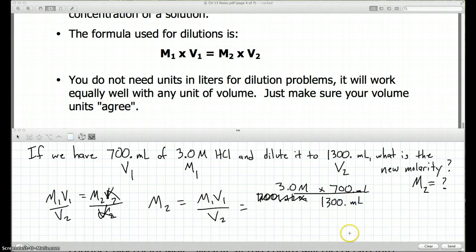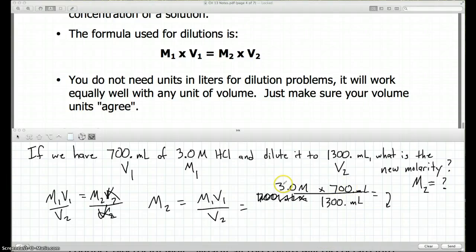I really wish this thing had an eraser. So I do that math: 3.0 times 700 and then divide by 1300.